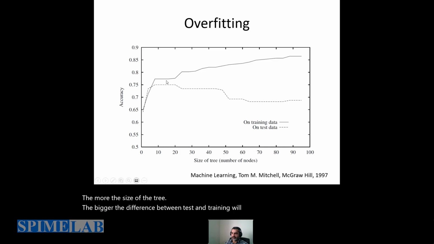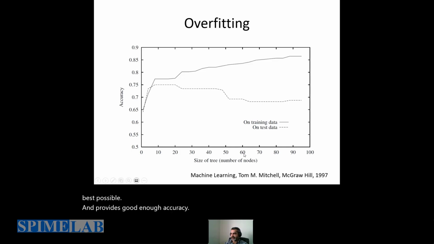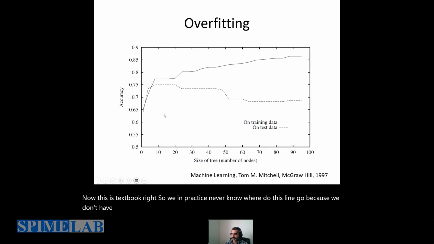So we want to find a sweet spot where the tree is concise. It's not too complicated. It's not using all of the examples and all of the attributes, but the best possible, and provides good enough accuracy and balance between test and training. Now, this is textbook, right? In practice, we never know where this line goes because we don't have access to the future data.